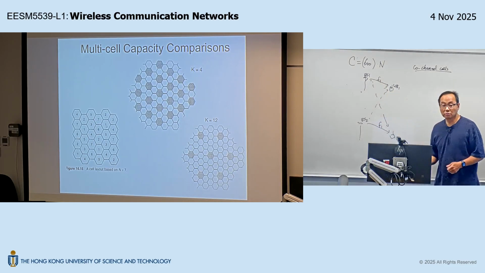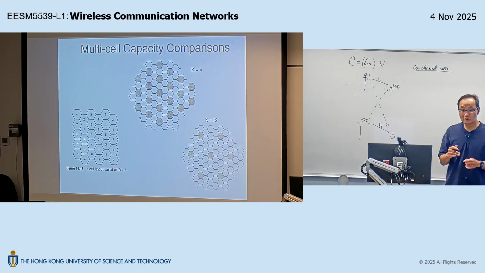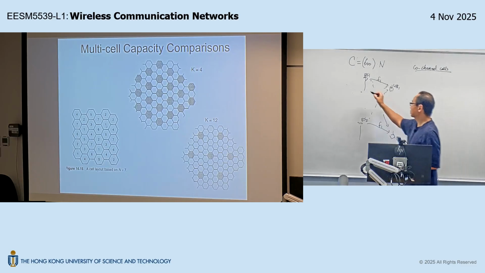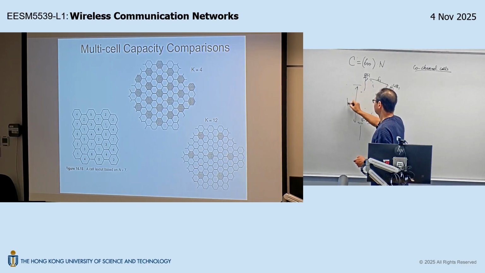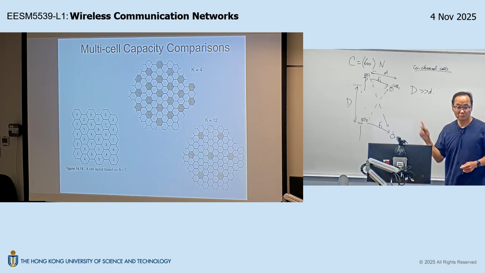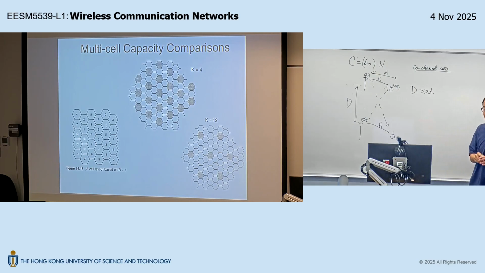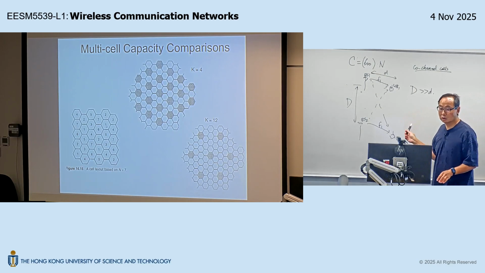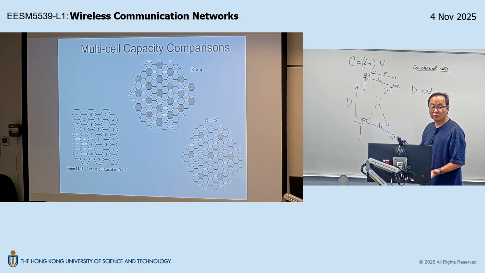How would this situation be different from the initial one? This distance, if this is d, this distance is much larger than d. How would that help? This is where path loss comes into the picture. Remember, path loss is what?